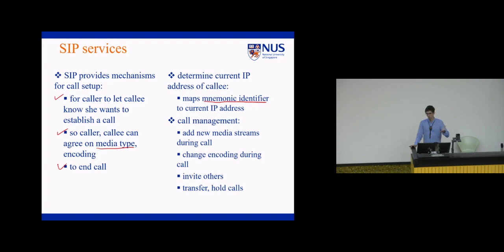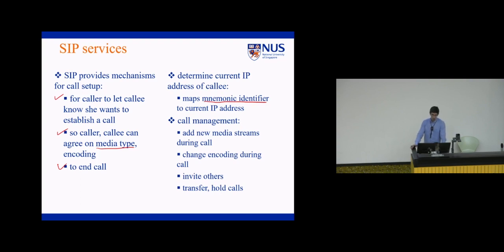For instance, it is the email address that you use for opening a Skype account. As humans, we are better at memorizing mnemonic identifiers. So when I want to call someone, I do not have to enter their IP address. I just enter the mnemonic identifier, and it will be resolved by a SIP registrar or proxy into an IP address that the client is using.